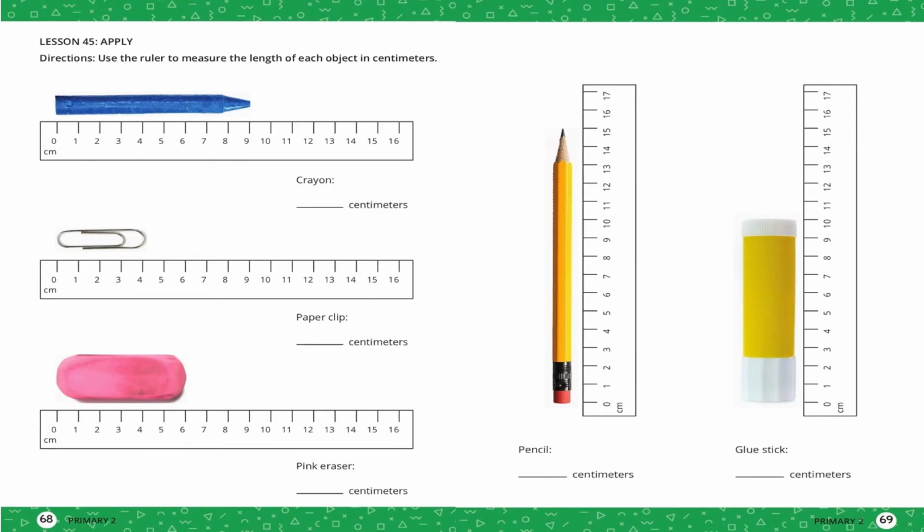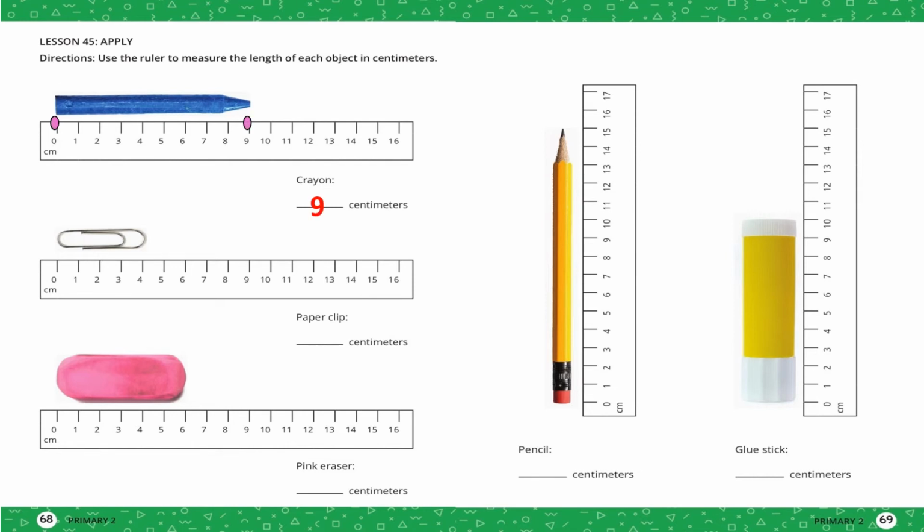Now let's apply. Use your ruler to measure the length of each object in centimeters. Here first we have a crayon. To measure it from one end to the other end, we put the first end at 0, and we measure the last point at the other end.